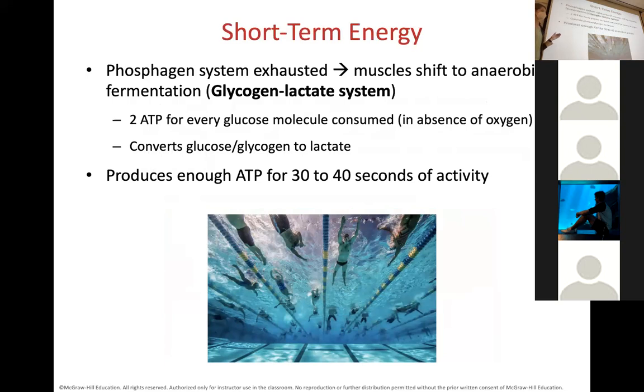So the phosphagen system gets exhausted. Muscles then start undergoing fermentation. This is an anaerobic process. No oxygen is needed. And this is called the glycogen lactate system because it's converting glycogen, which is a storage form of glucose, into lactate.